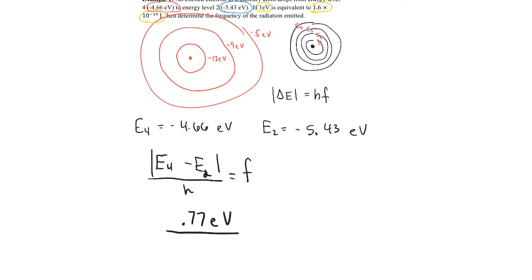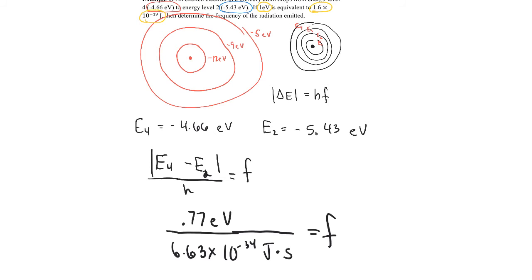And that will be over 6.63 times 10 to the negative 34 joules times seconds. That's H. So again, just look at your units. What should the units of frequency be? What's frequency measured in? Close.